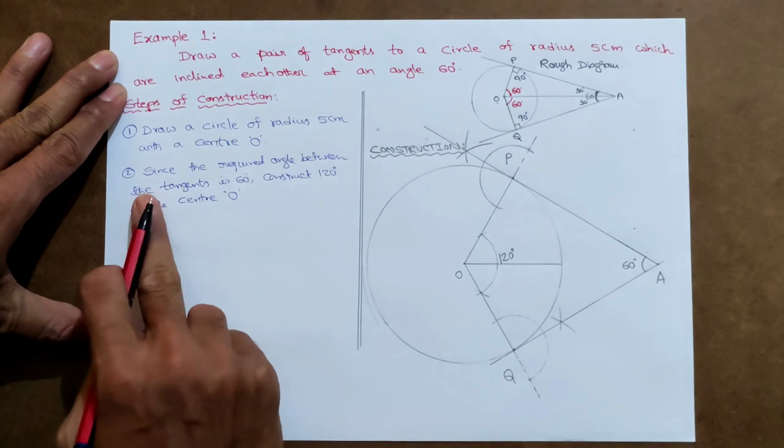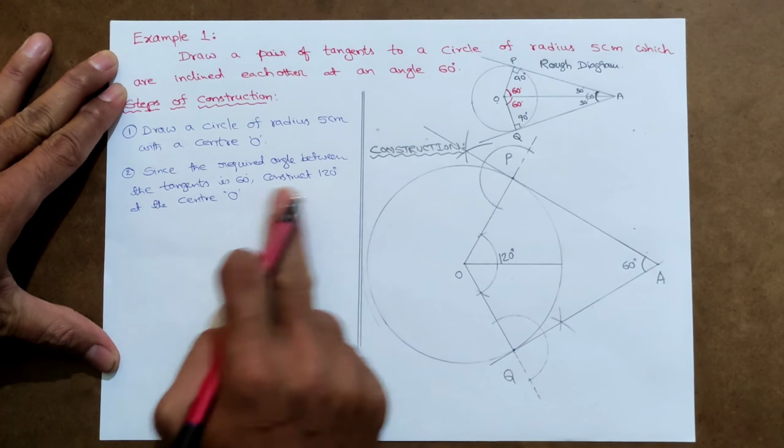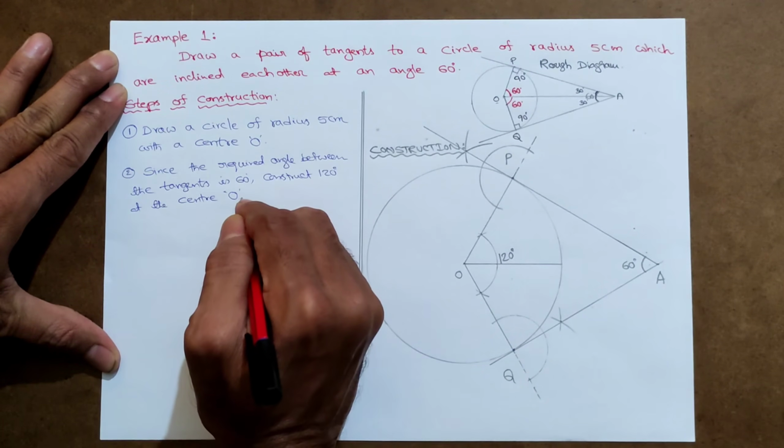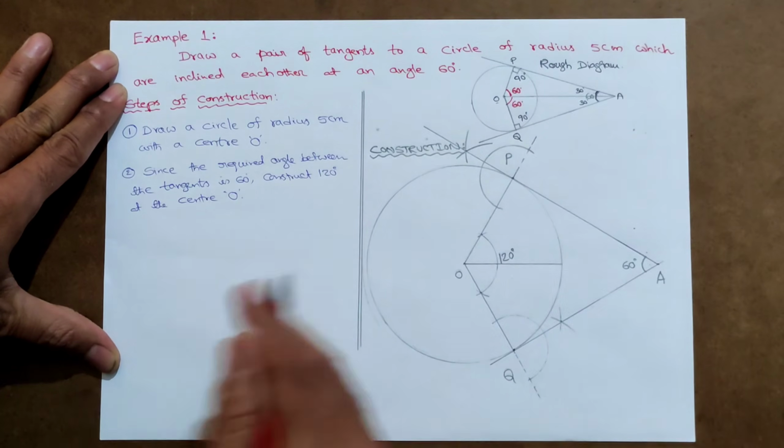Since the required angle between the tangents is 60 degrees, construct 120 degrees at the center, right? Okay.